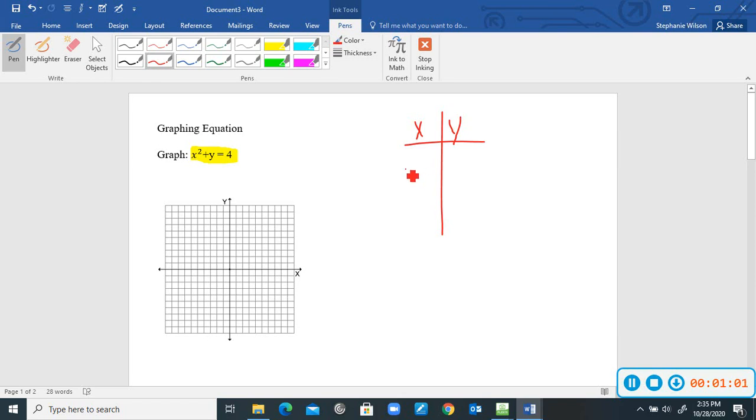So what I'm going to do is give myself enough room to come up with at least 4 or 5 order pairs. And I always like to start small, because if you go small, it's a little bit easier, and then you can X off the ones that are a little more complicated to graph and pick another point. So I like to start small. I like to plug in -1 for x, 0 for x, and 1, and then I can plug in 2.